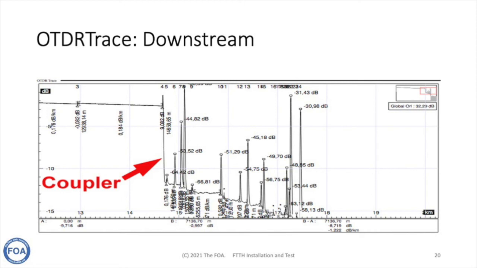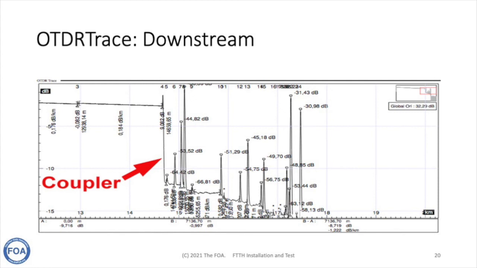Here's what we mean. Here's an example of an OTDR trace through a 1x16 coupler with various lengths of cable attached. So what you see is the loss of the coupler, where the arrow is pointing, and each of the reflectance peaks over the next distance shown is the end of a different cable.